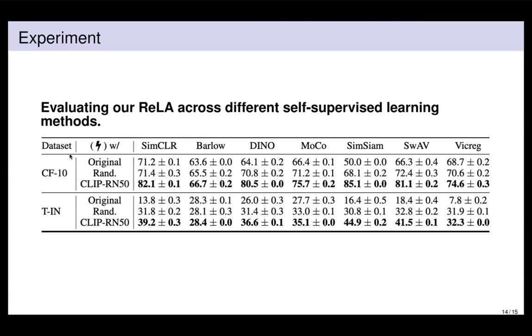But the randomly initialized model hasn't been trained over any data, so it cannot introduce any knowledge, yet it also increases the accuracy of the trained model when combined with any self-supervised learning method.